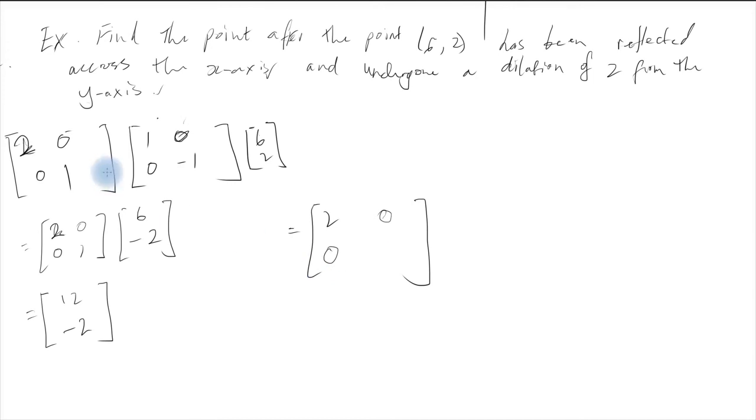This final spot, we have 0 by 0, which is 0, and 1 by minus 1 gives minus 1. Now I'll put this back here, 6 and 2. 2 by 6 is 12, 0 by 2 is 0, 0 by 6 is 0, minus 1 times 2 is minus 2.